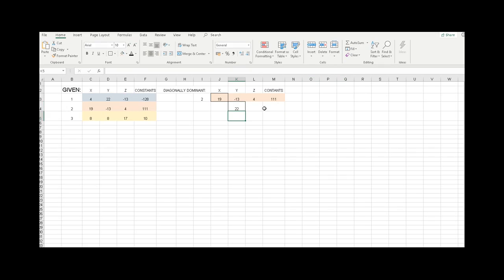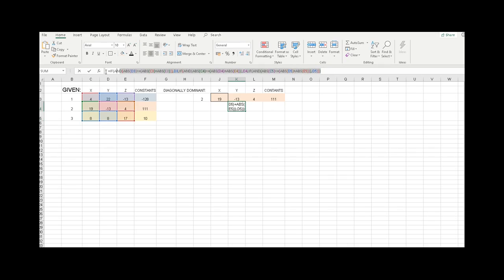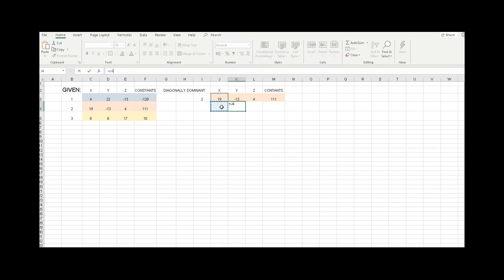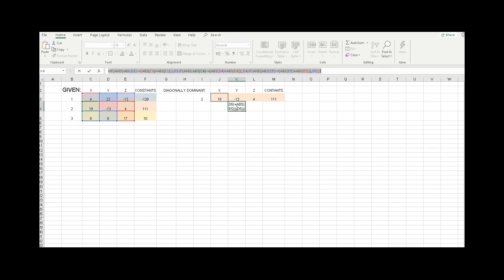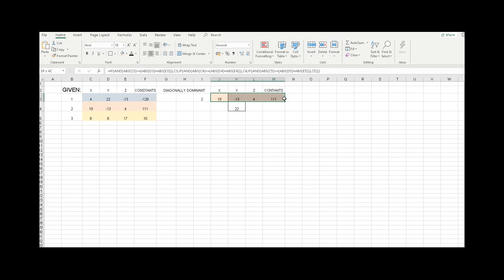Okay, so let's copy the equation again, and let's do the same thing that we did for this equation right here. So let's just change the outputs again.